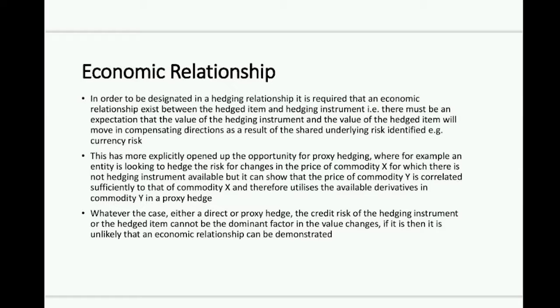So IFRS 9 says we need to ensure that credit risk is not a dominant factor in the changes in the fair value of the hedged item and the hedging instrument that we observe over time. And again, as I said to you, in terms of IAS 39, I would expect that most people would have arrived at that conclusion, but it is explicitly set out in this standard.